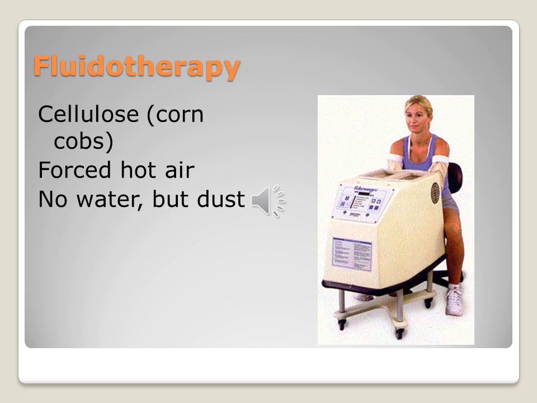So it feels more or less like sand blowing around. It's a form of convection heat transfer, and as your book talks about, it's compared to what they call a dry whirlpool. So it's essentially warm air blowing these ground up corn cobs around, so you do get heat and a slight massaging effect.